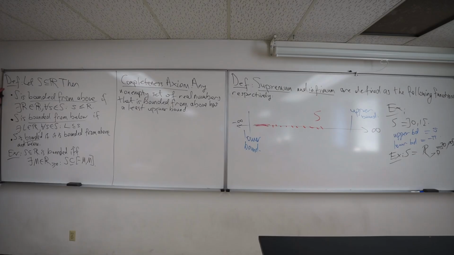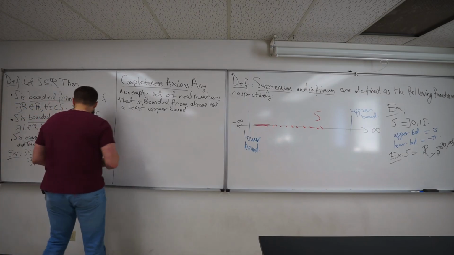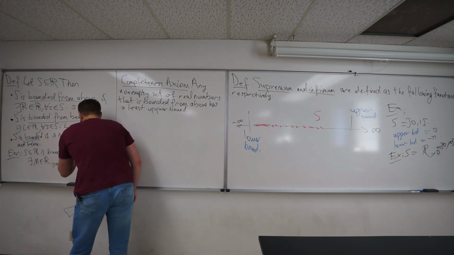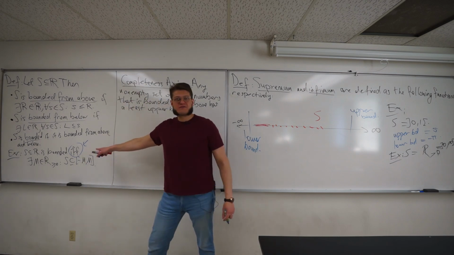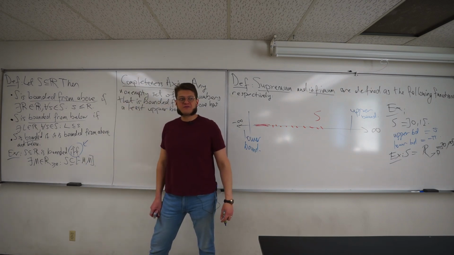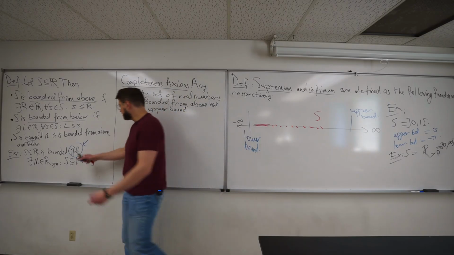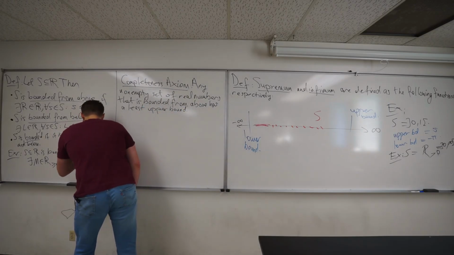And here's a nice exercise. It's not very hard once you get the hang of these logical things. A subset S in the reals is bounded if and only if... This was something that I used in the first problem set as well, and I mentioned what this means. Maybe I should ask you, what is this, if and only if? If with two Fs. So instead of saying this, I can just write this.